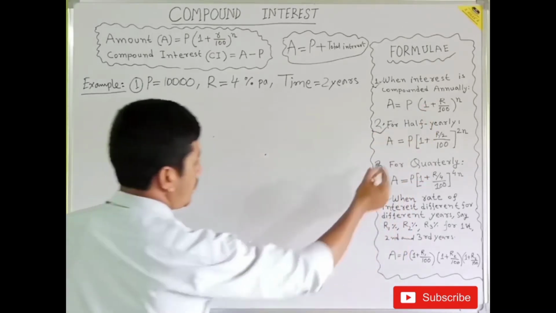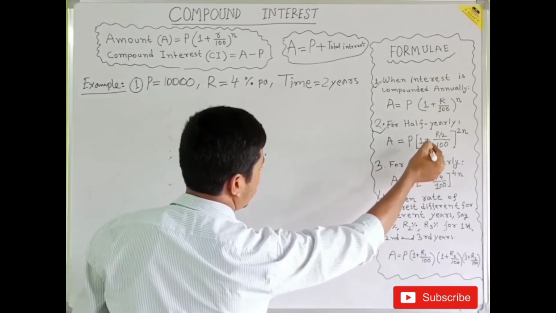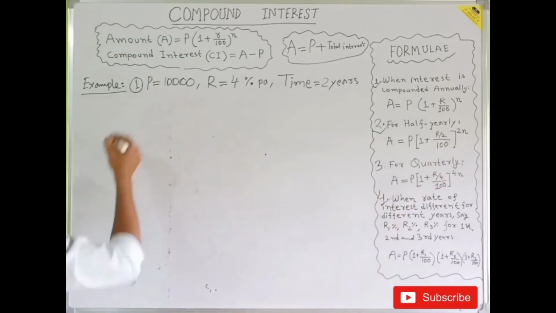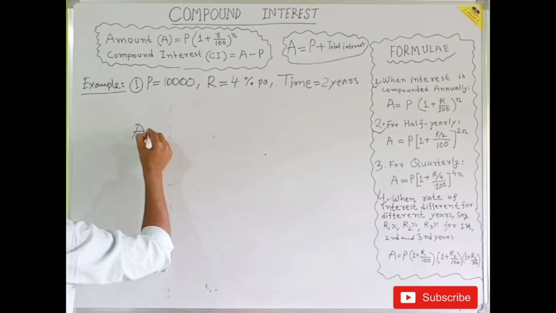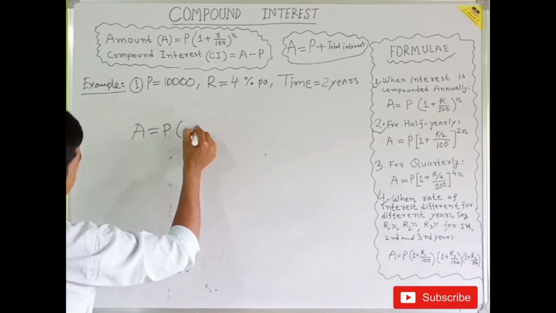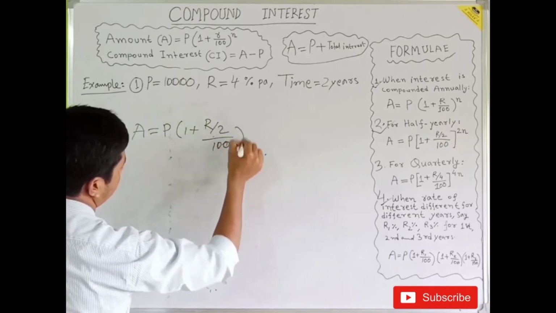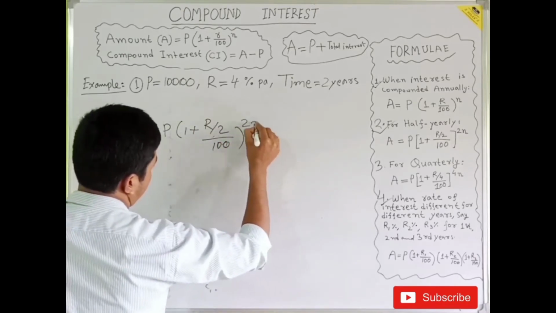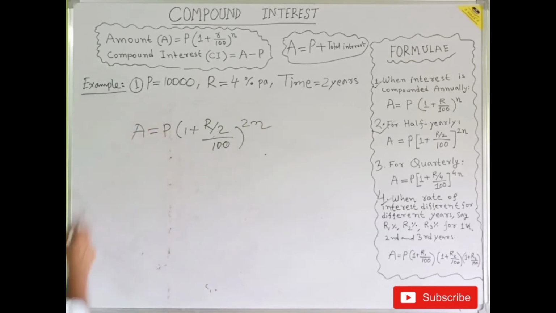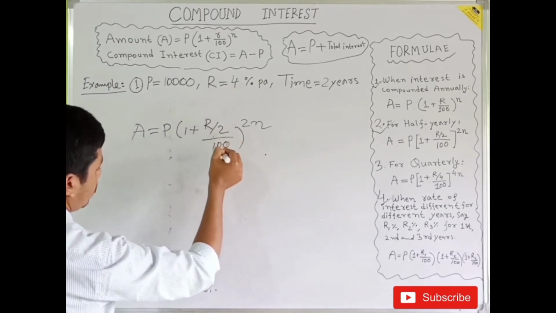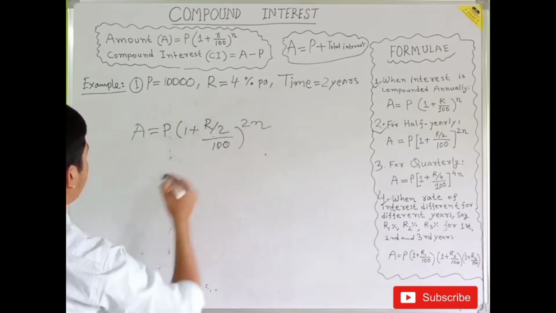For calculation of amount, we apply this one: A is equal to P into 1 plus R by 2 divided by 100, to the power 2n.